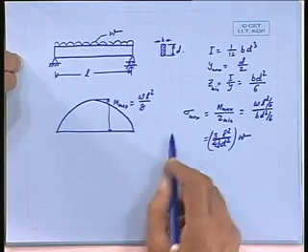Okay, so sigma max is a linear function of W here, the rate of loading.